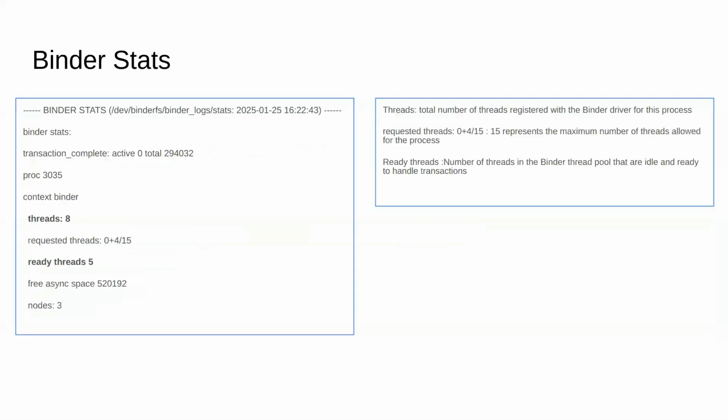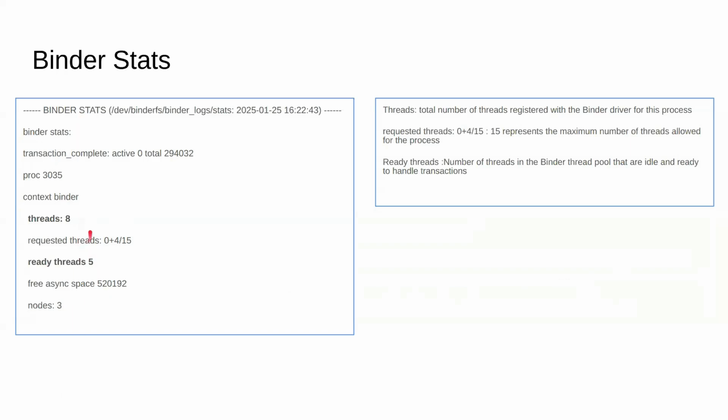Apart from this, there are cases where the binder transactions are failing because the number of threads which are supposed to handle the binder request has already overshot the max number. So we look at the binder stats, and the binder stats for all the processes get dumped.